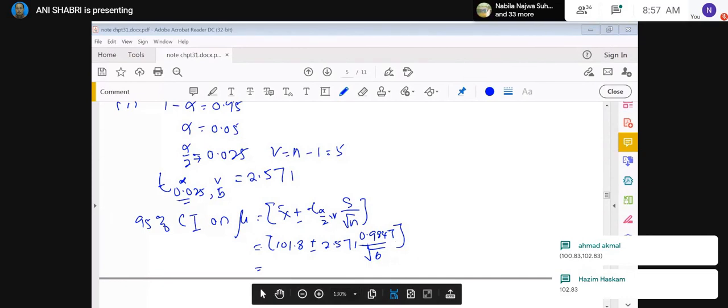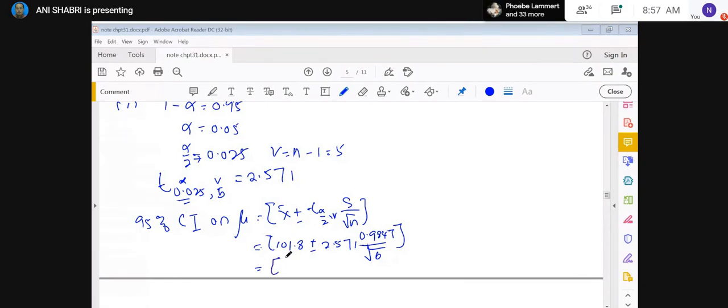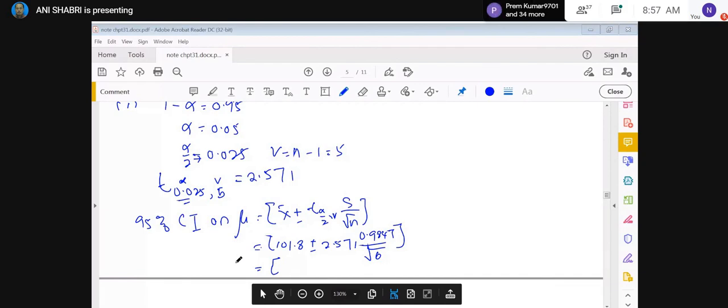Okay, we have the value. The confidence interval is from 100.83 until 102.83.